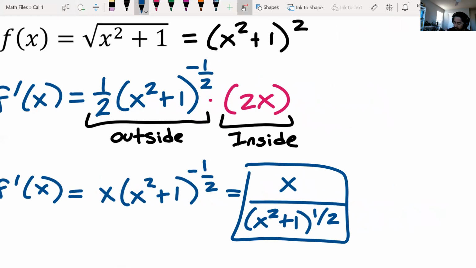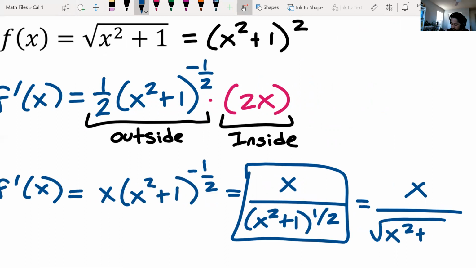This is good, but you could also do one more rewrite as x over the square root of x squared plus 1.